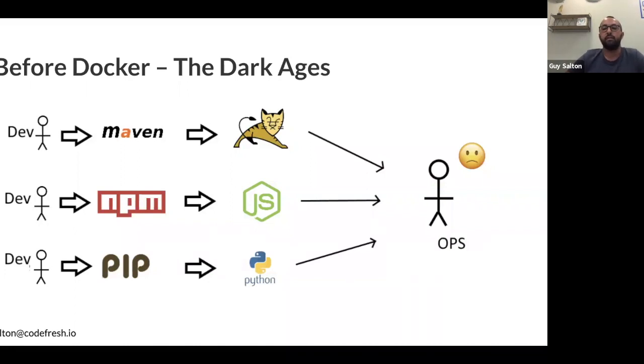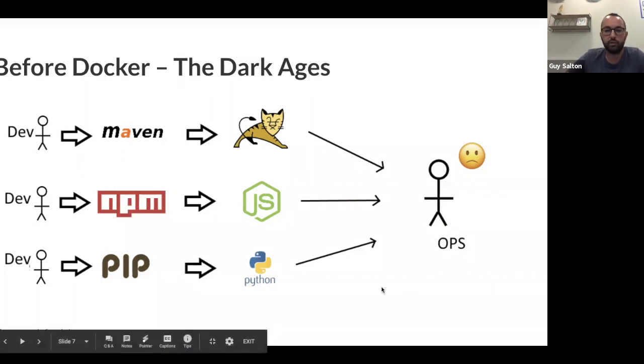And the operator in this company has to know everything. He has to know how to deploy Java applications, how to deploy Node applications, how to deploy Python applications. So each of the developers, each of the teams that creates a new application with some specific tool and wants to build it and package it and deploy it, the operator needs to have this knowledge.